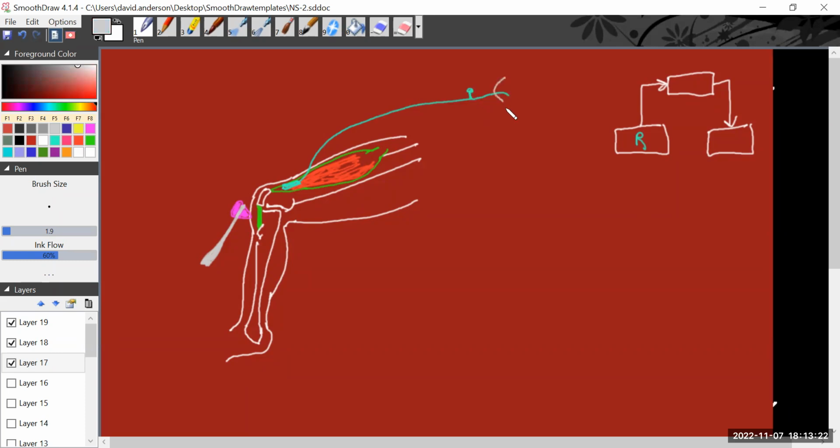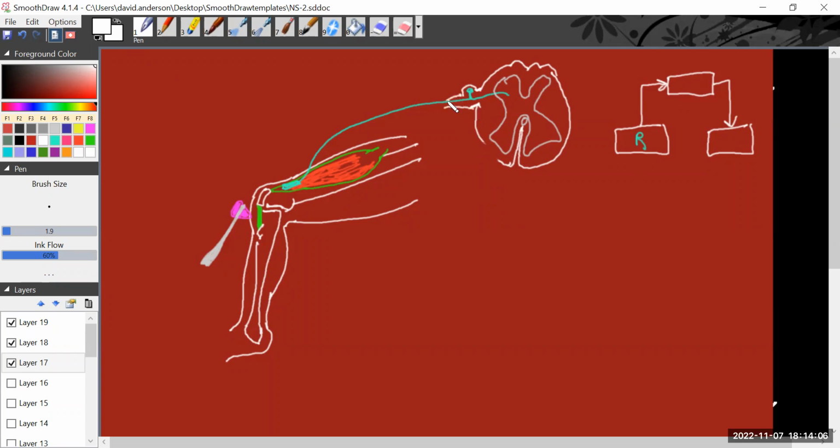And when it enters the spinal cord, now we can see this represents our dorsal root and our dorsal root ganglion, right?